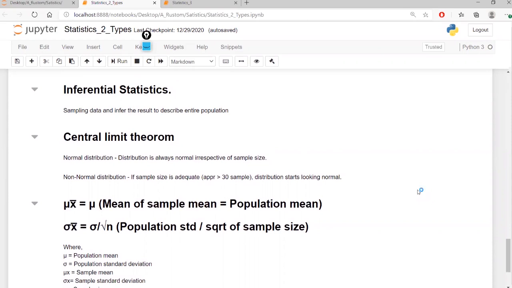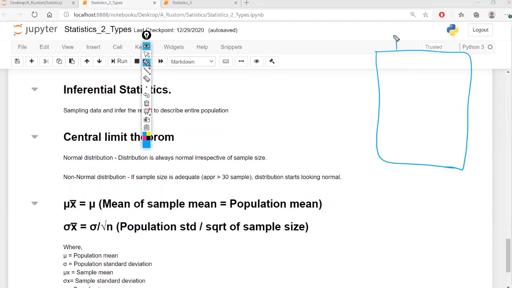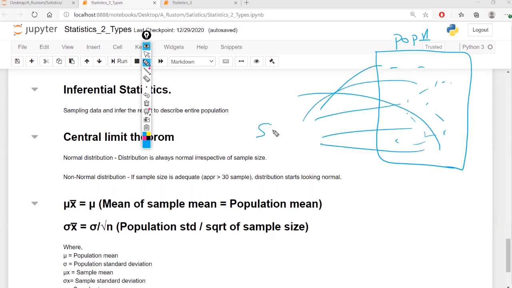Let's look into this. Whenever the data is distributed normally, however you take the samples, say you have a population with all the data, and you take a sample from this population.